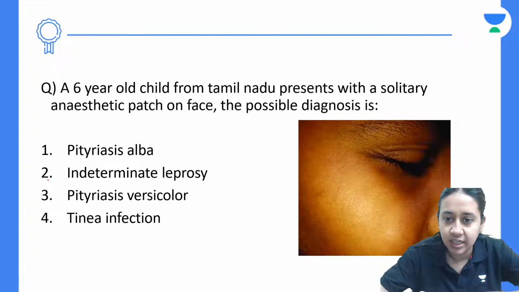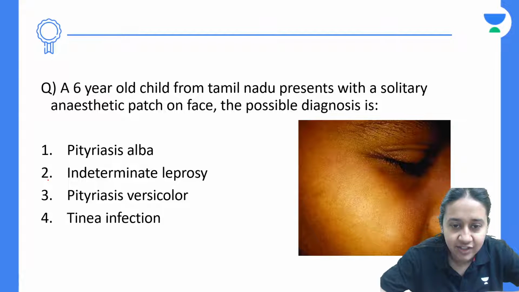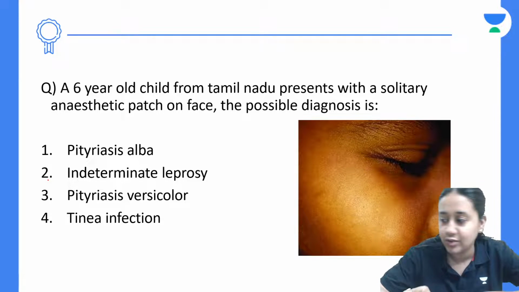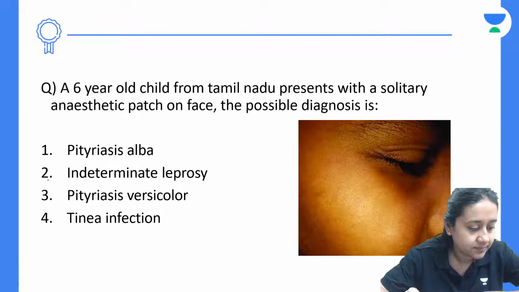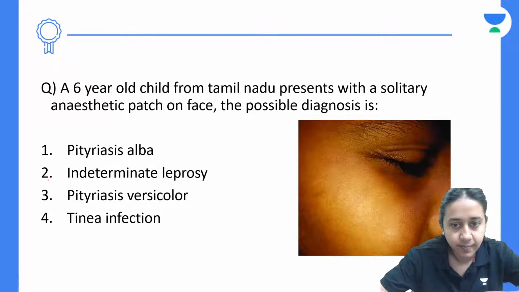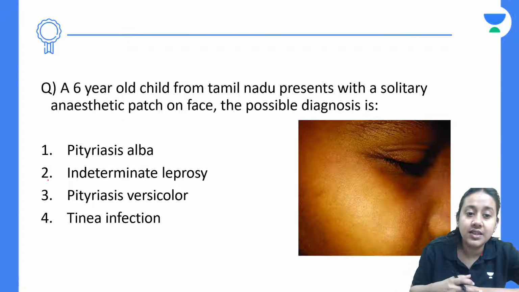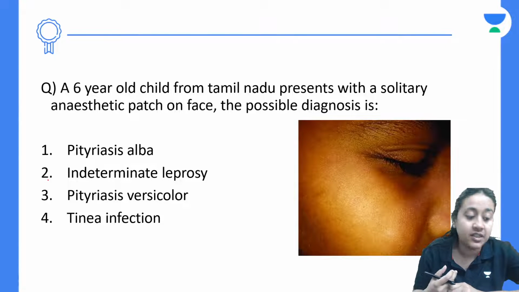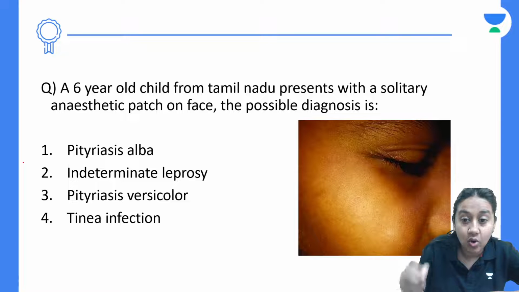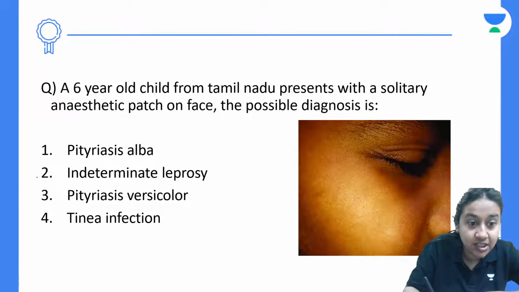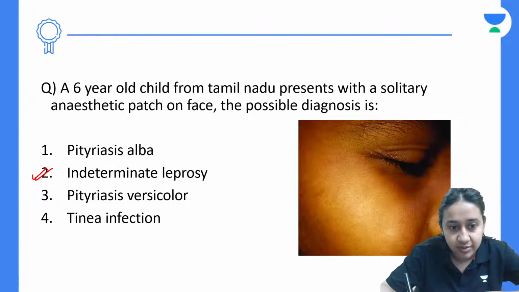A 6-year-old child from Tamil Nadu with a solitary anesthetic patch, the possible diagnosis would be... Amazing, all of you. So, a 6-year-old child from Tamil Nadu presents with a solitary anesthetic patch on the face. The probable diagnosis here would be indeterminate leprosy.